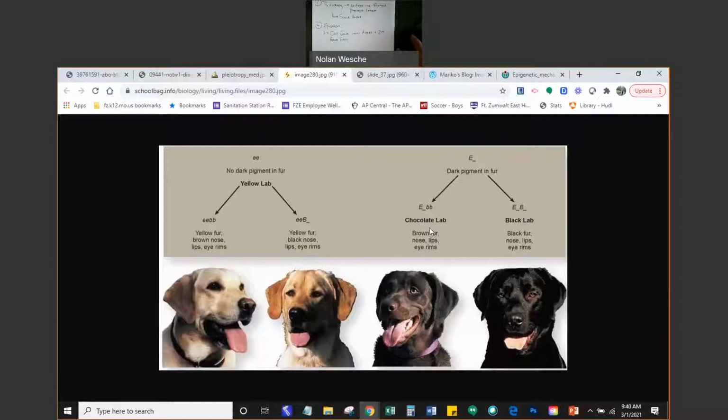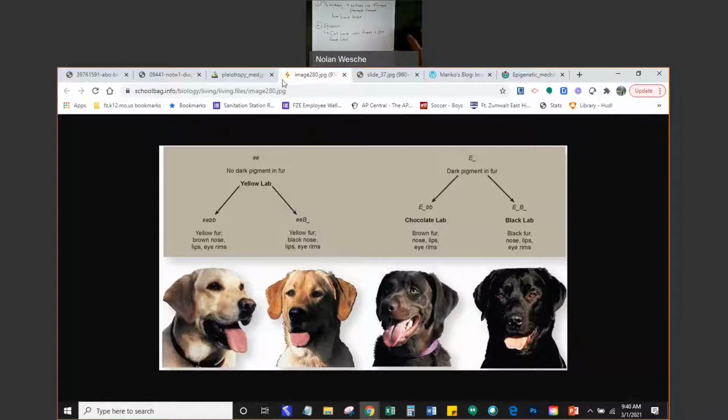In order to have that pigment deposited into the fur, you need this first gatekeeper allele in the picture. And I believe it's called melanocortin. And then the second allele over here is called tyrosinase. So in order for tyrosinase, this pigment, to be deposited in the fur, you need a dominant melanocortin gene.